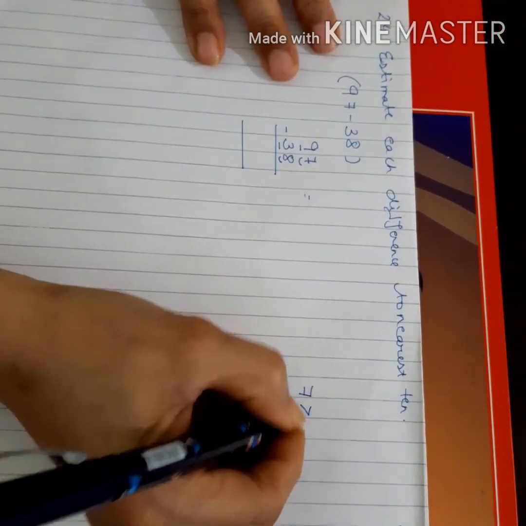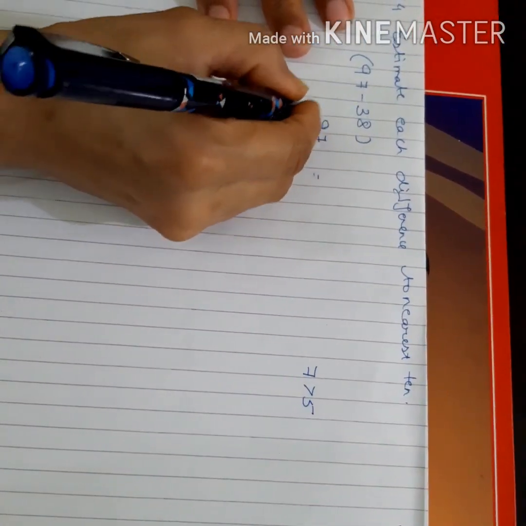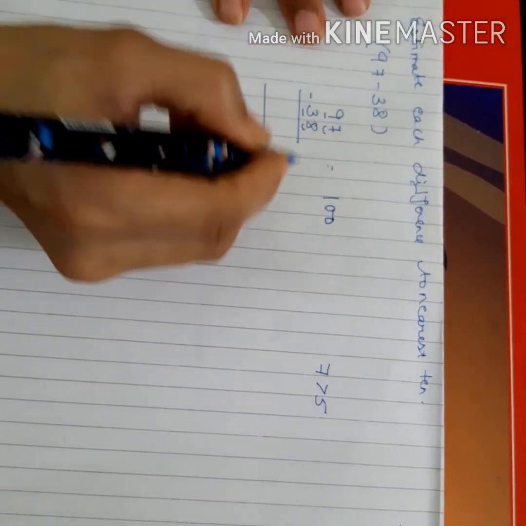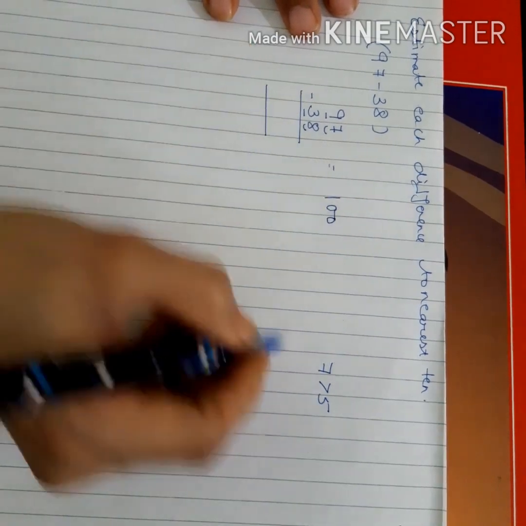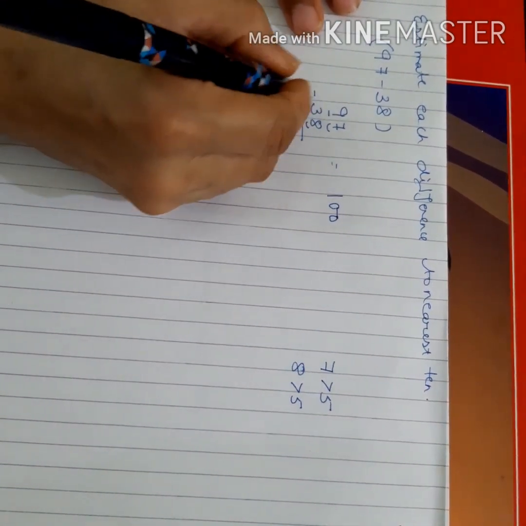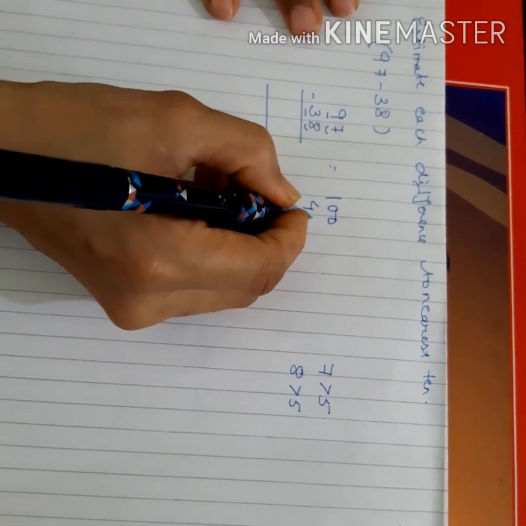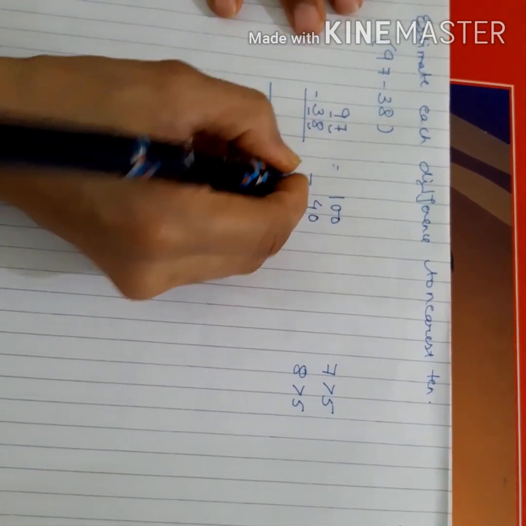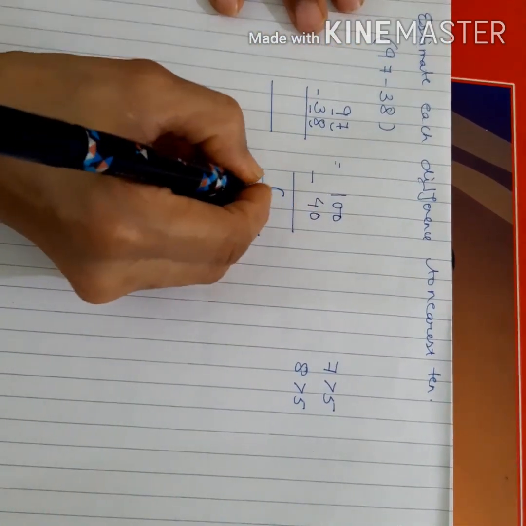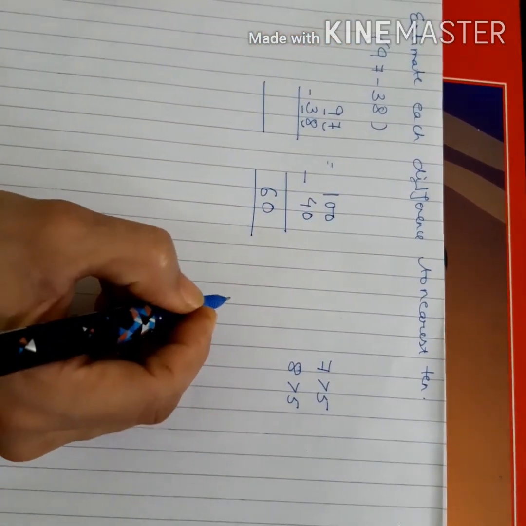This 7 is more than 5. So this will increase by 1. 10, it will become 0. 38, this 8 is also more than 5. So we will increase this 3 by 1. It will become 4. It will become 0. We will subtract it. We have to find the difference. So our answer is 60.